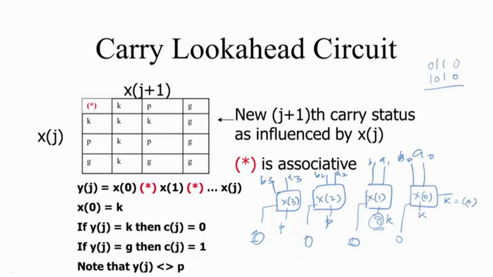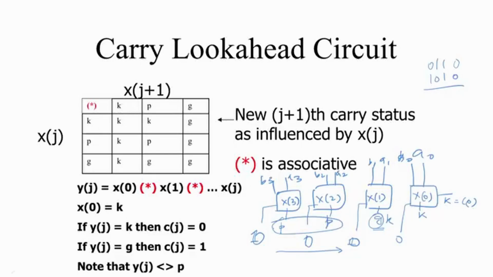So if I have a sequence of propagates like this, for me to find the carry I need not go till the end, but just go to the point where I see a generate, or the first thing that I encounter. So from this propagate I go back towards my right hand side, and if I find the first one is a generate, then I know all these are ones. Okay, are you able to follow?